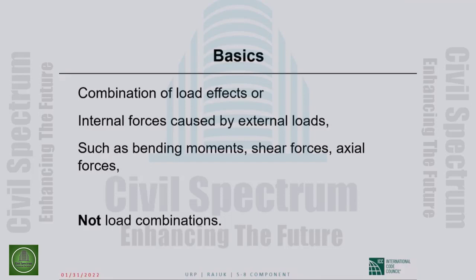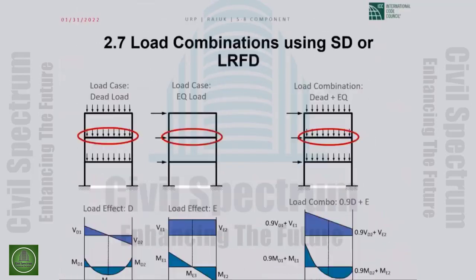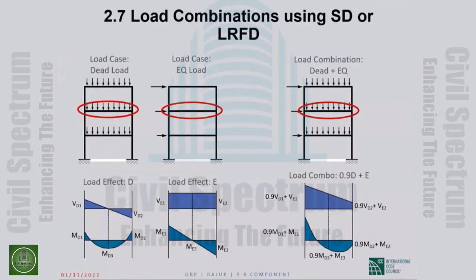Okay, so this is kind of an illustration of that. In the first picture you are considering dead loads, and on that particular beam the dead loads cause this kind of shear forces, and so these are the bending moments caused by the dead loads on that particular beam.